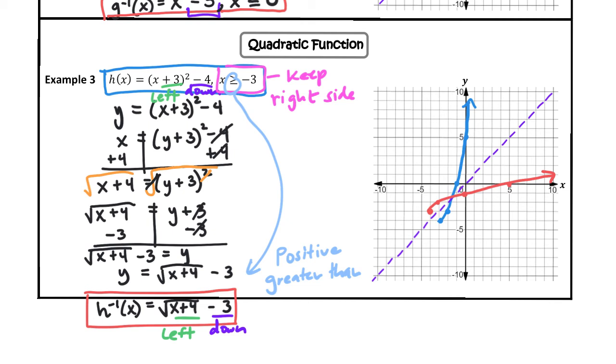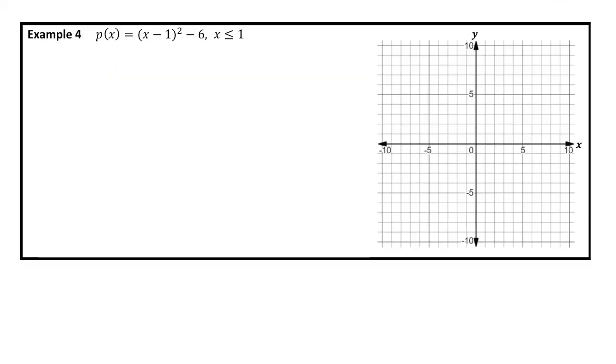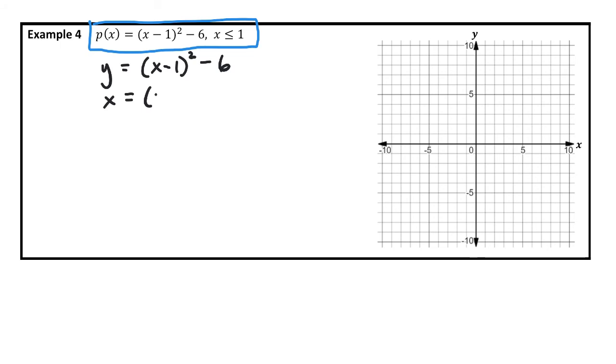Okay. The next part, in the last example, we have another quadratic, and so we have the original. First thing we got to do is change the function into y, and we have x minus 1 squared minus 6. Switch the x and the y, and solve for y.